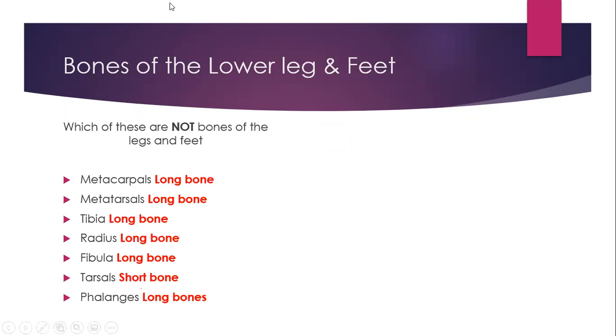So the bones you've got are metacarpals, metatarsals, tibia, radius, fibula, tarsals, phalanges. I've just realized, guys, sorry, there's two that aren't bones of the legs and feet.